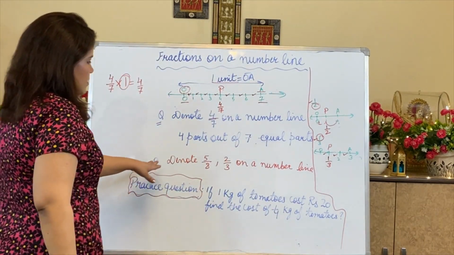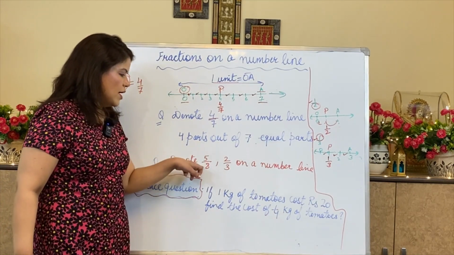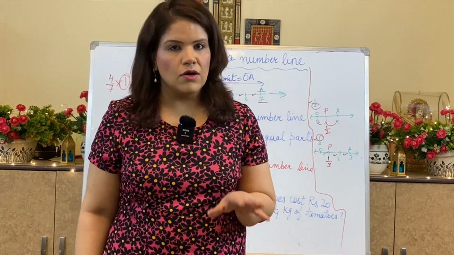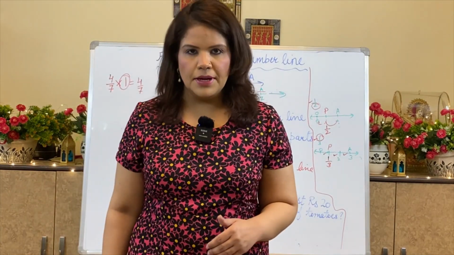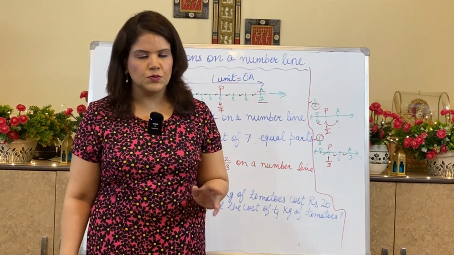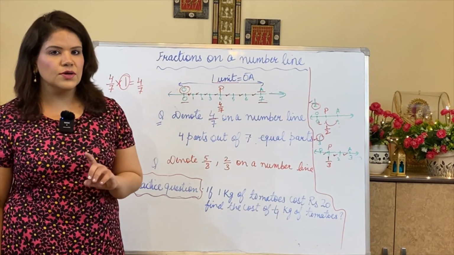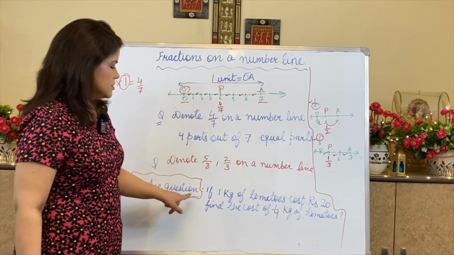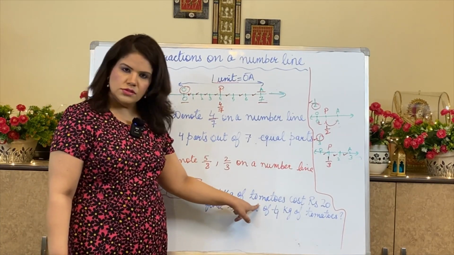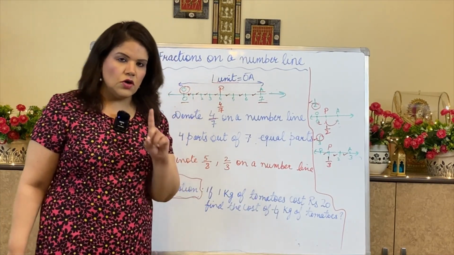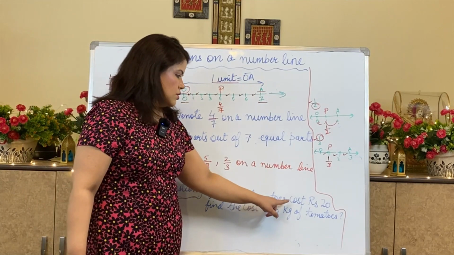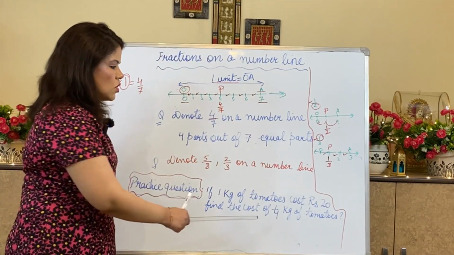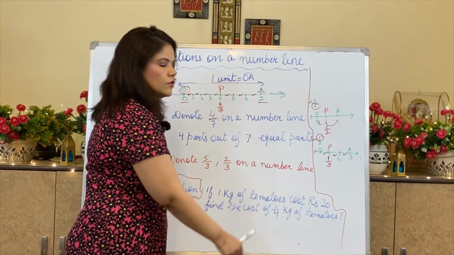Now you can try this. Denote 5 by 8 and 2 by 3 on a number line. And if you have doubts, you can leave that in the comments and I will take that in my next videos. And one more practice question I'm giving to you: if 1 kg of tomatoes costs 20 rupees, find the cost of 1 by 4 kg of tomatoes.